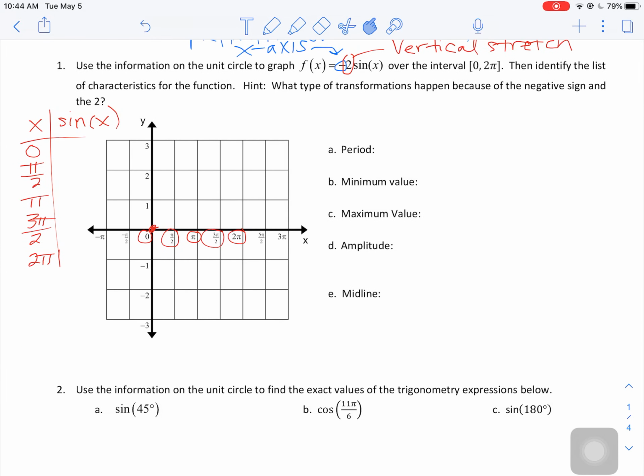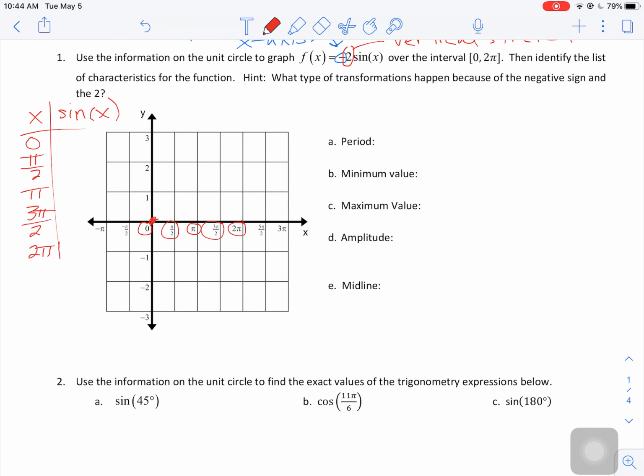So we had 0, 1, 0, negative 1, and 0. So these are where the graph normally is. And I'm going to go ahead and graph sine x on this grid in red, and then we can do the other graph in a different color to see how it changes.